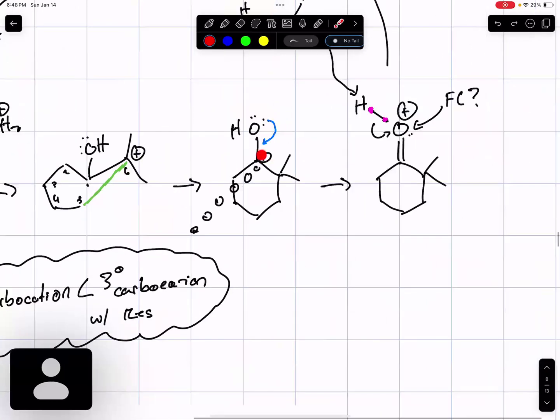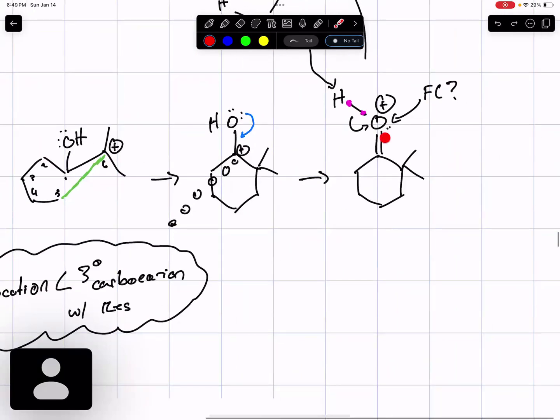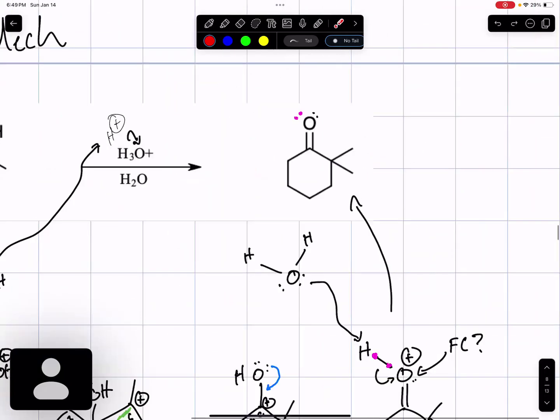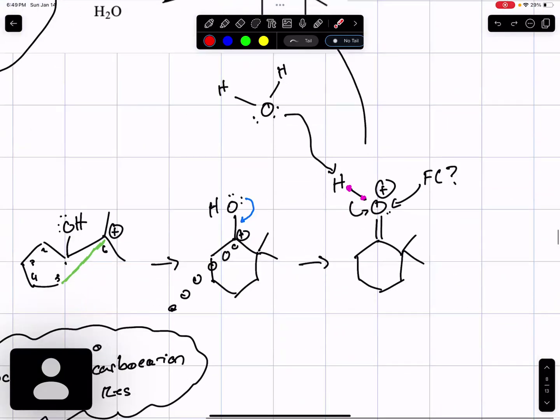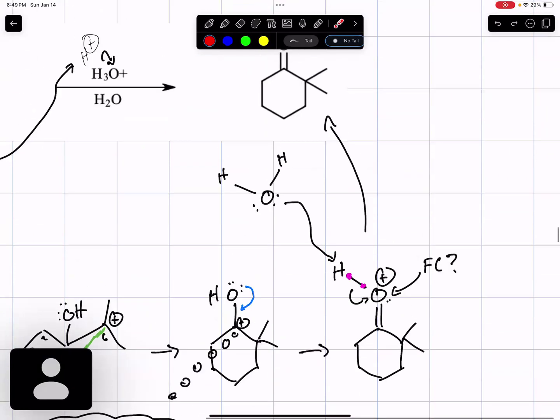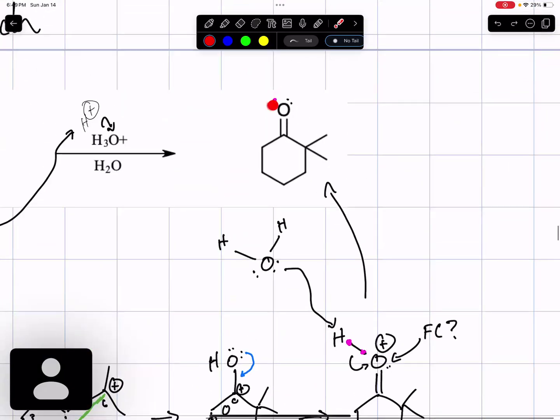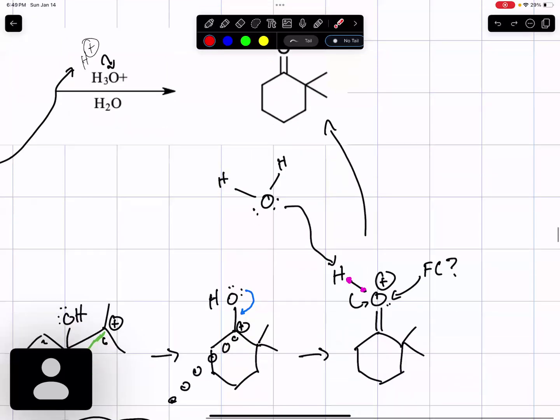Now that we have a tertiary carbocation with resonance, a lone pair on that hydroxyl group can push down and form that carbonyl group that you see in our product. And once that carbonyl group is formed, we notice that this hydrogen is still there. That hydrogen, which is bonded to oxygen, has these lone pairs, the lone pairs in pink that you see that oxygen has in its final product.